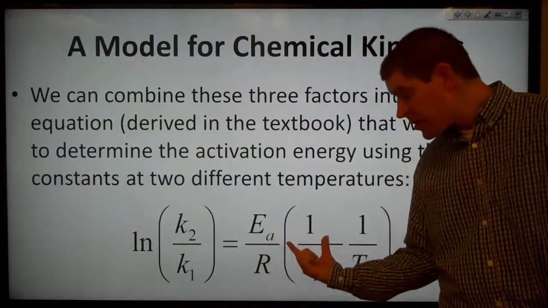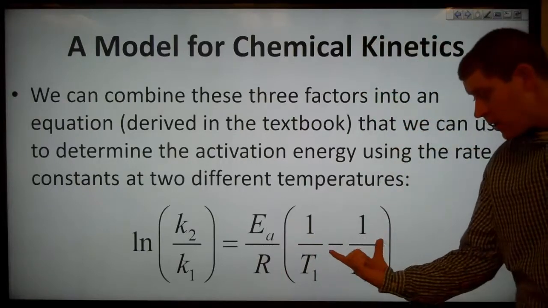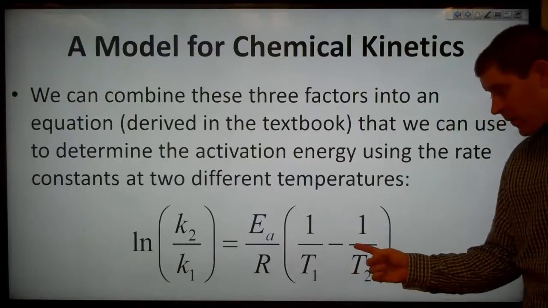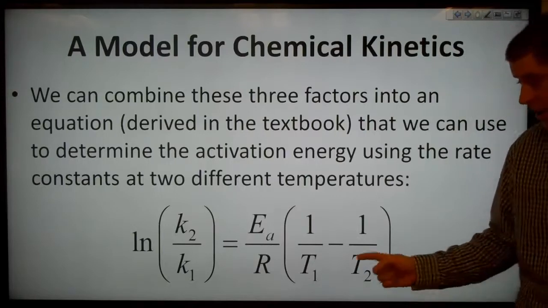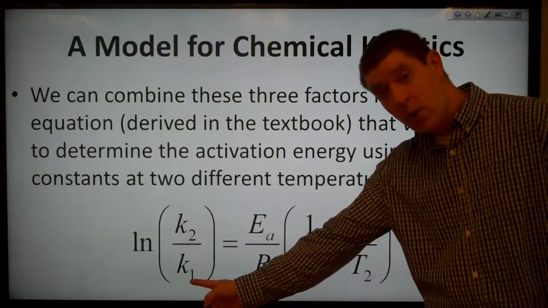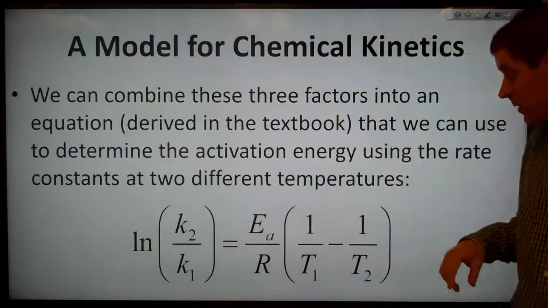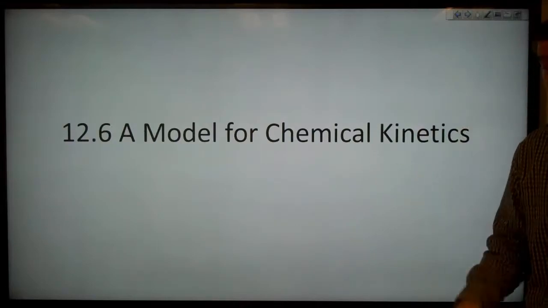That's equal to the activation energy, Ea, divided by R, the gas constant, times the quantity 1 over T1 minus 1 over T2. T1 and T2 are the temperatures for the rate that we measured here, the rate constants K1 and K2, respectively. So that was a model for chemical kinetics.